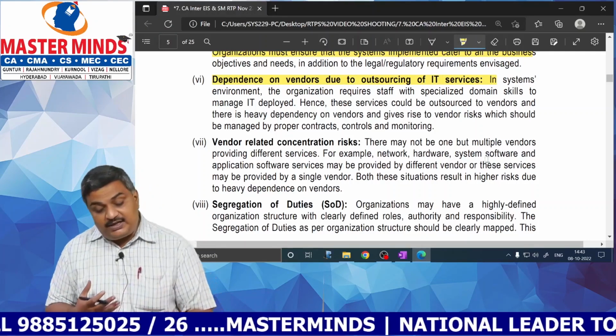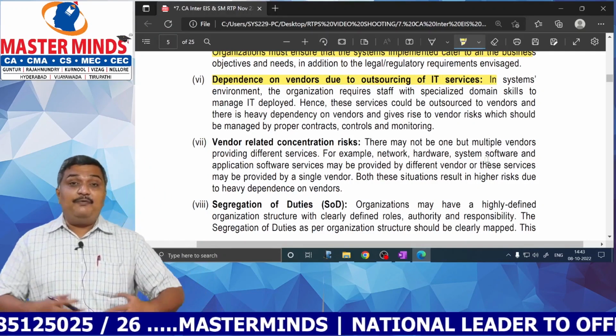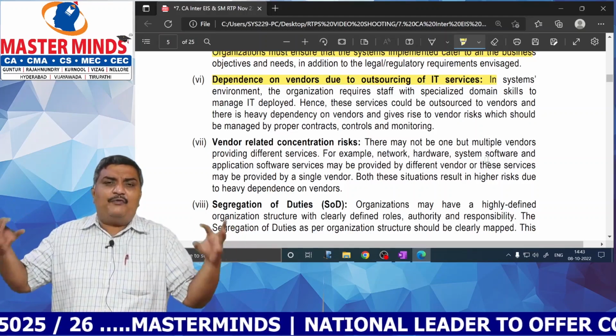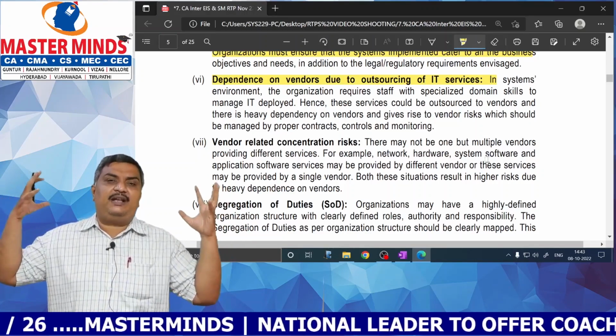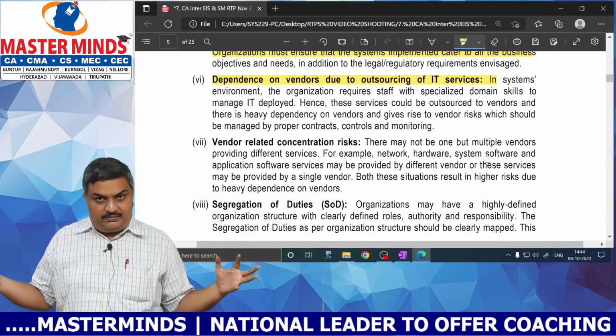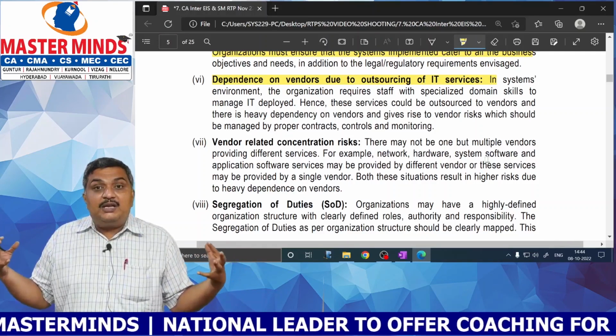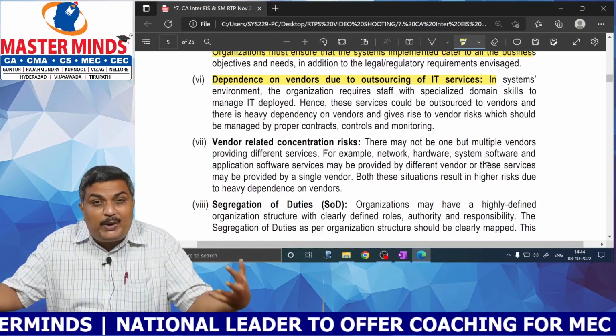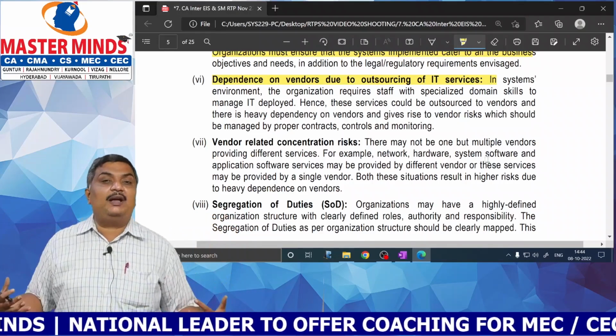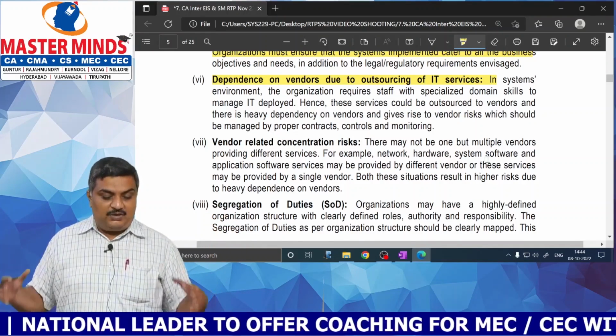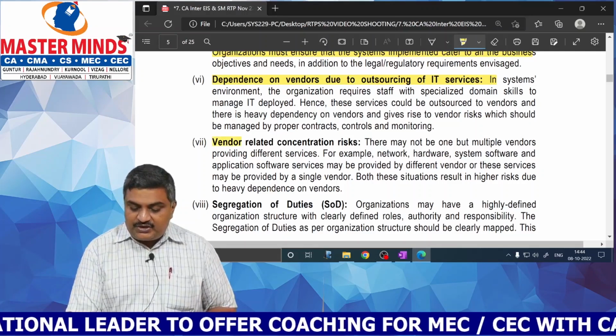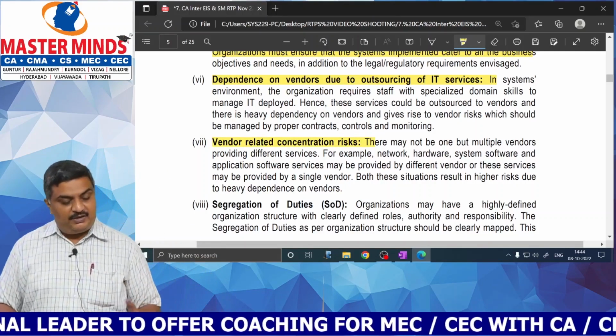And vendor related concentration risk. For example, if you buy all things, the hardware, software, network, people, everything from a single vendor, and all of a sudden there is a problem to that vendor, you will have an effect on your business. So that is definitely a biggest risk, vendor related concentration risk.